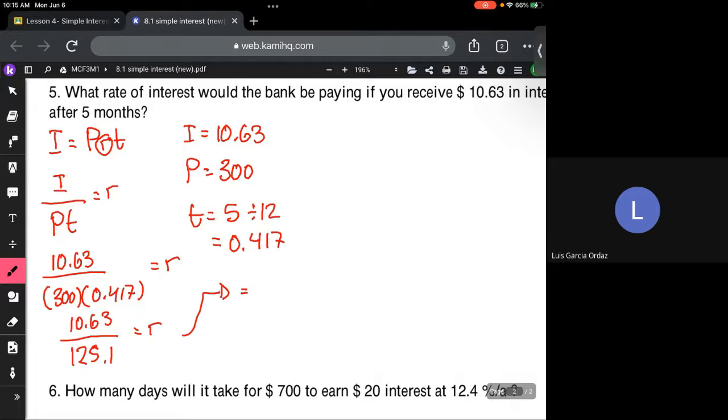And we're going to round it to the third decimal place. What would R be to the third decimal place? 0.085.